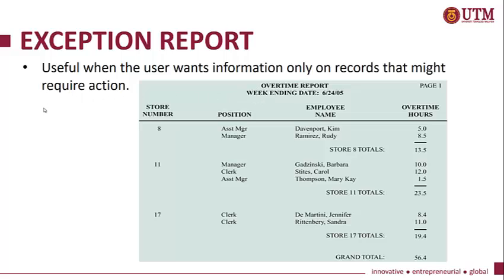Another example of an exception report is listing all the employees with no absence for the year, or listing all the salespeople who did not meet the monthly sales quota, or a report on customer complaints received in the past 6 months.